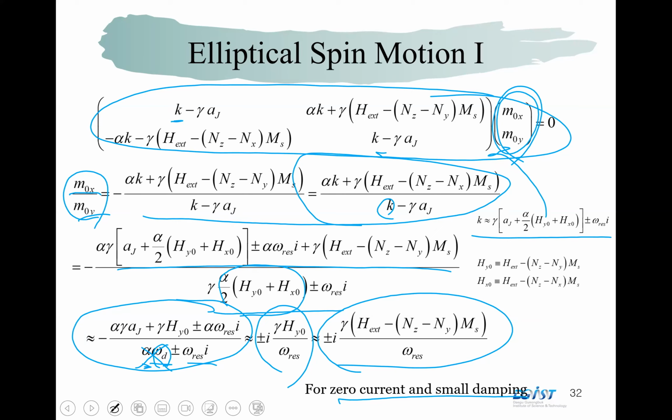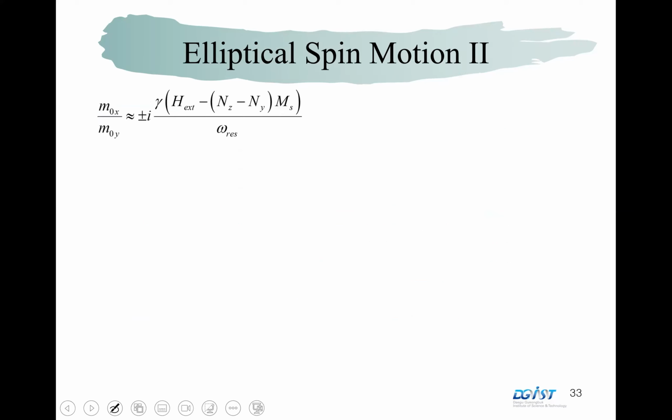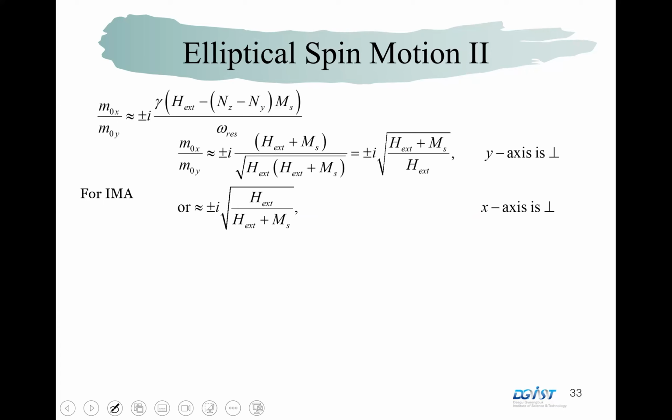So look at this. If you take a look at this equation again, and if you put it back for the IMA case, we have an x direction in the film plane, and a y-axis orthogonal to the film. The m0x and m0y ratio shows this number.